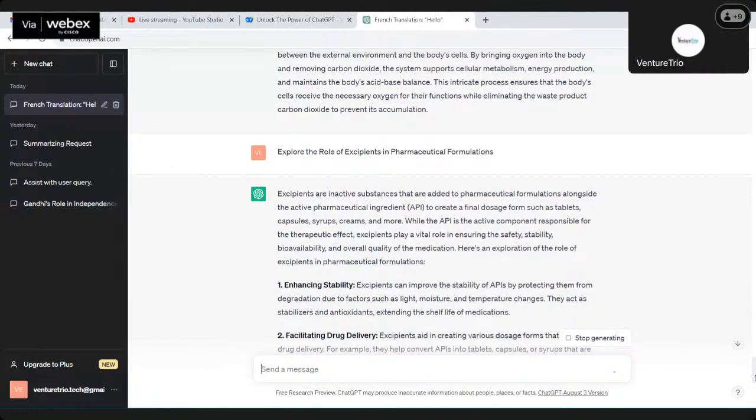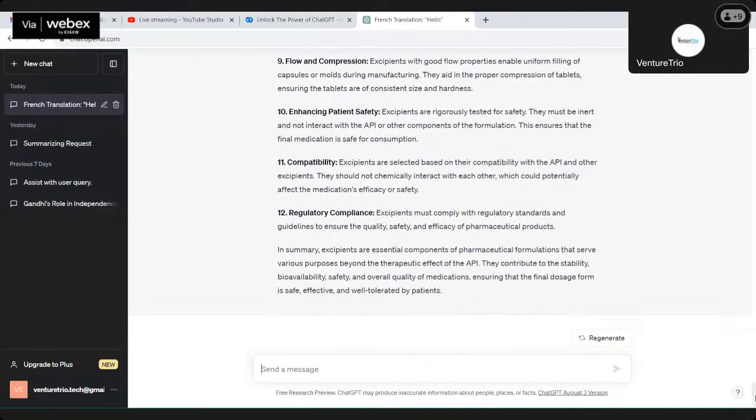Excipients are inactive substances that are added to pharmaceutical formulations alongside the active pharmaceutical ingredients, right? You can ask any type of questions or career related questions subjected to your domain.